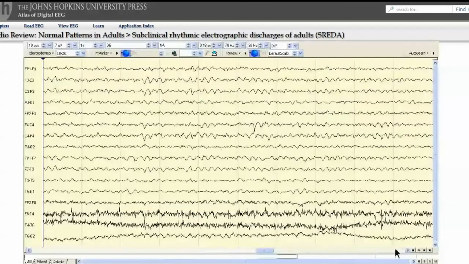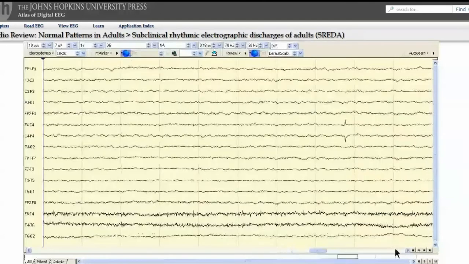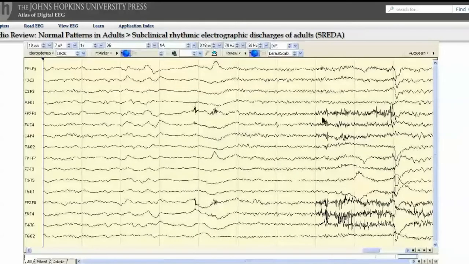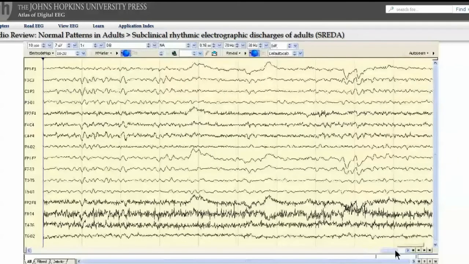I will now progress further on in the recording to illustrate the return to drowsiness and wakefulness, and some of these intermittent discharges seen over the central head regions.